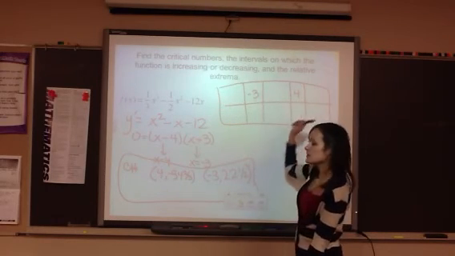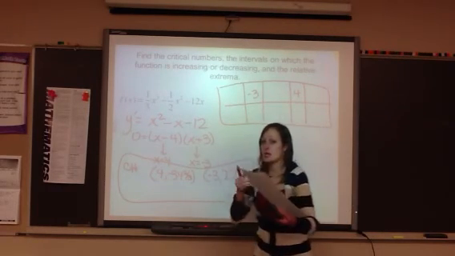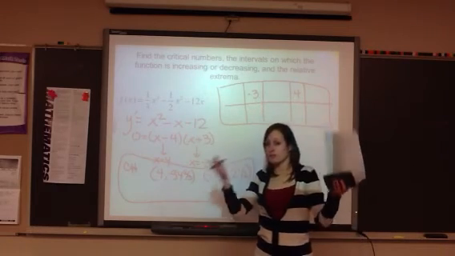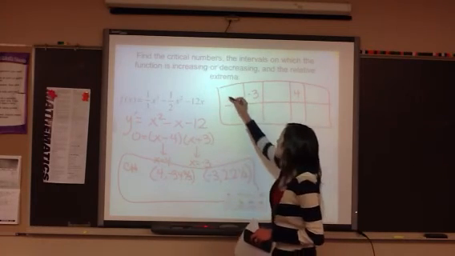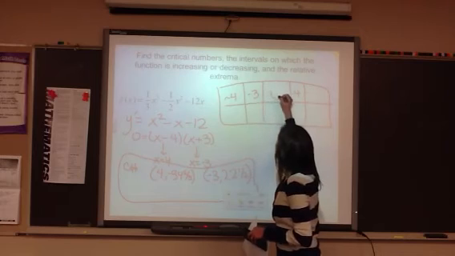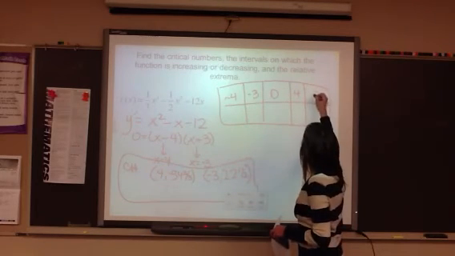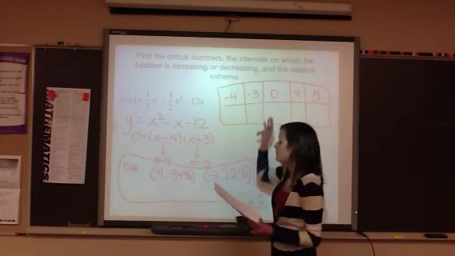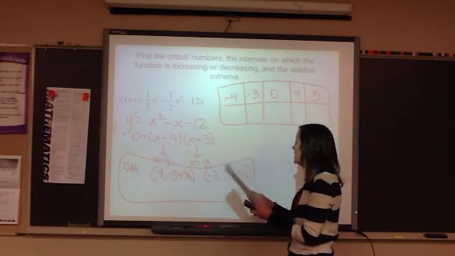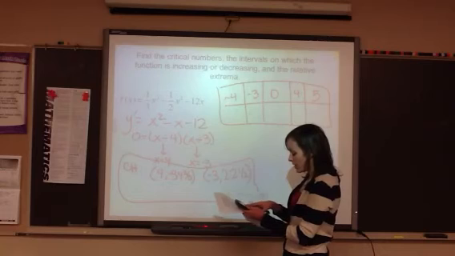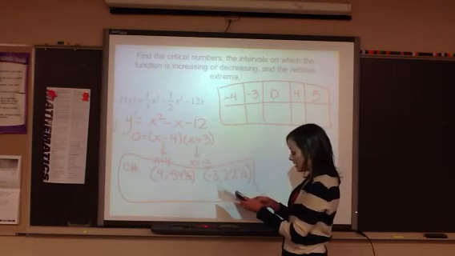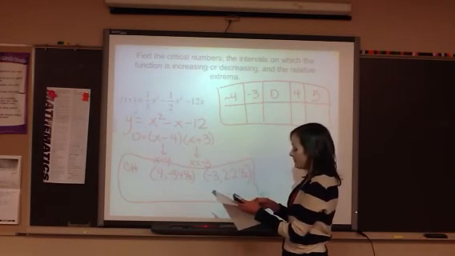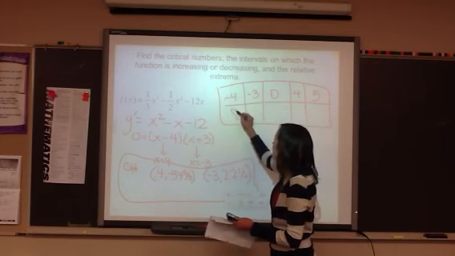I put a space between negative 3 and 4 because our graph is either increasing or decreasing between those values. So I'm going to pick negative 4, 0, and 5. You can pick whatever numbers you want as long as they fall into place on the number line. So if I plug negative 4 into the derivative, I get 8.